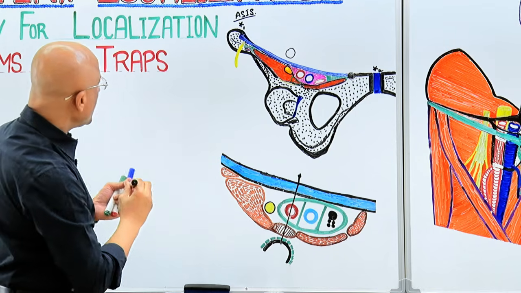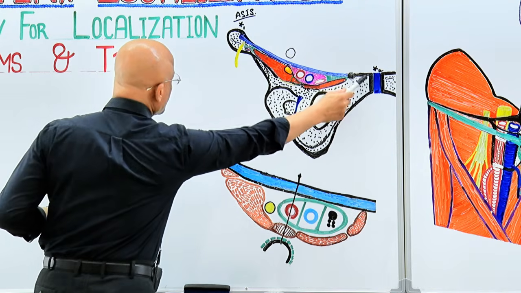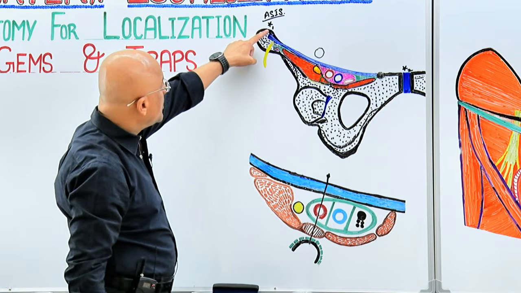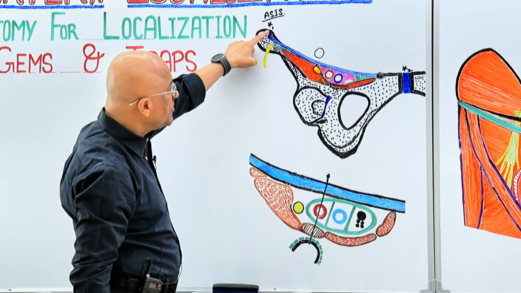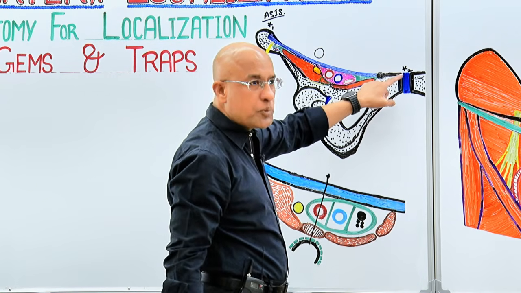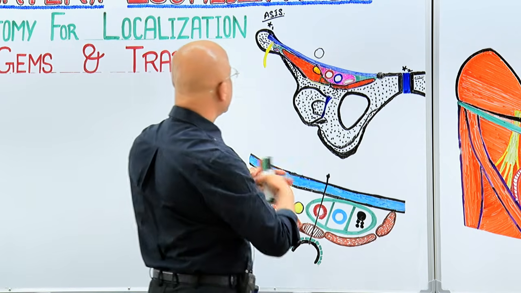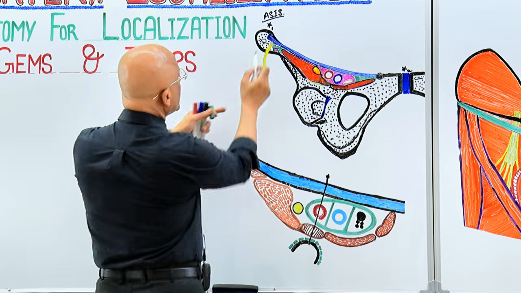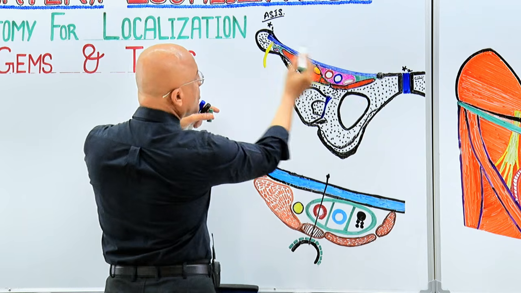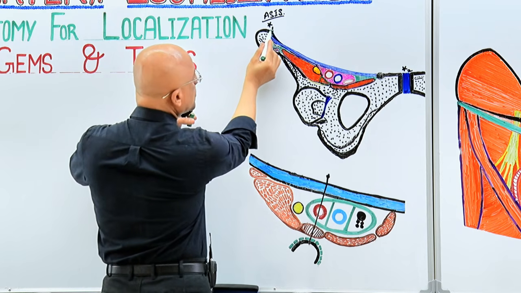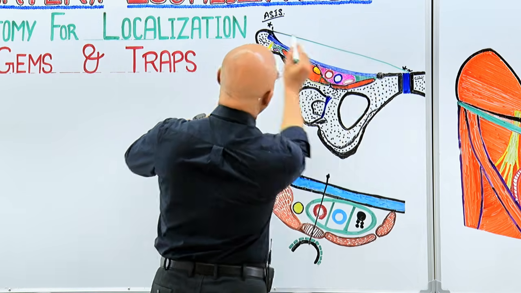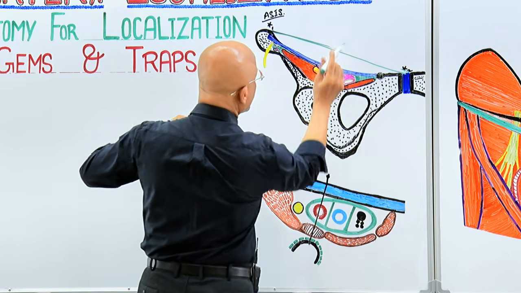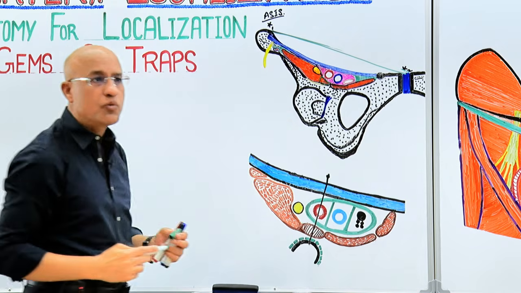Now, from star 1 to star 2, from the anterior superior iliac spine up to the pubic symphysis, let's take this distance, from here up to here. This distance, first of all, you should measure.